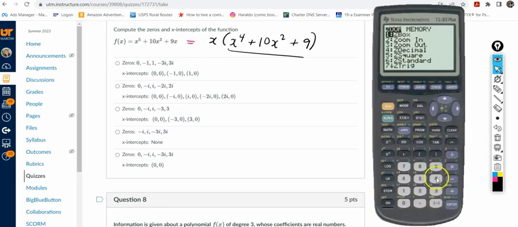Okay, and I'm just going to do zoom 6. Okay, zoom 6 is not telling me much. All right, fair enough.